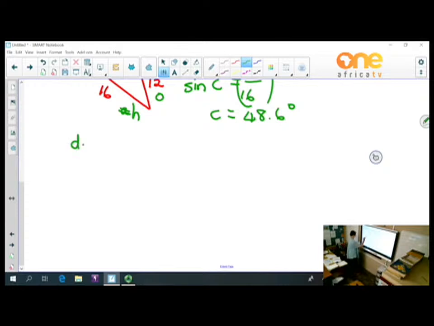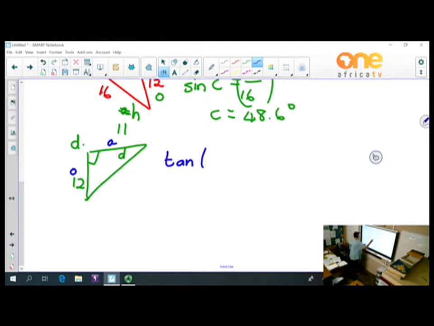Question D. It looks like this. There's D, 11, and 12. Which function will we have this time? Look at the marked angle. This is opposite, this is adjacent, so this is tan. Tan theta is opposite over adjacent. So tan theta now, or D, is equal to 12/11.